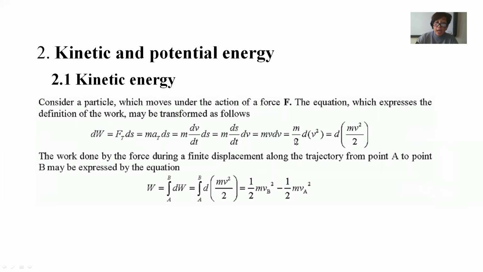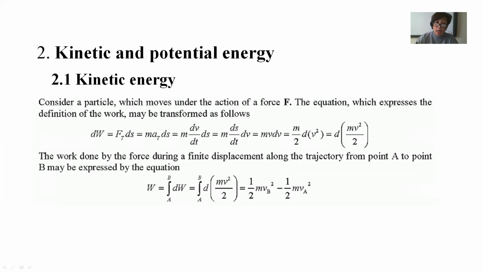The v multiplied by dv equals v squared divided by 2, so the elementary work equals m divided by 2 times d of v squared, which is the elementary kinetic energy.